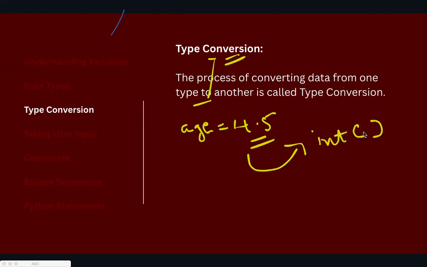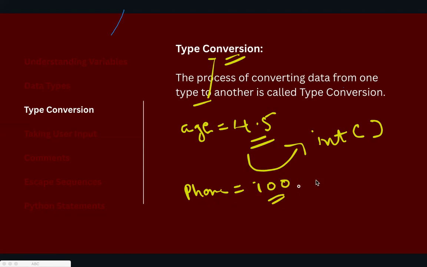And in some cases, we will be getting integer values, like in prices. If the price of a phone is 100 USD, I want this price of the phone to always be displayed in decimal format, in float format.